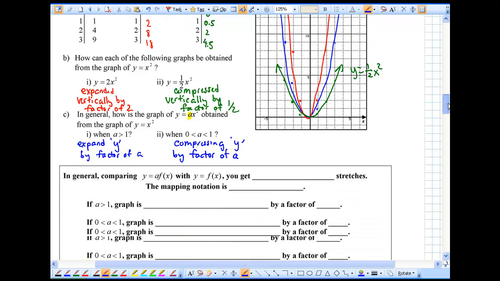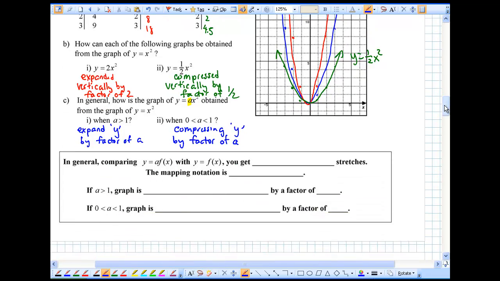So knowing all this, let's summarize. In general, comparing y equals a times f of x with y equals f of x, what type of stretches do you get? Well, what direction are we going in? We're doing it vertically. So vertical stretches. And in the mapping notation, we're not changing the x value, but we are changing the y value, by multiplying it by the factor of a.